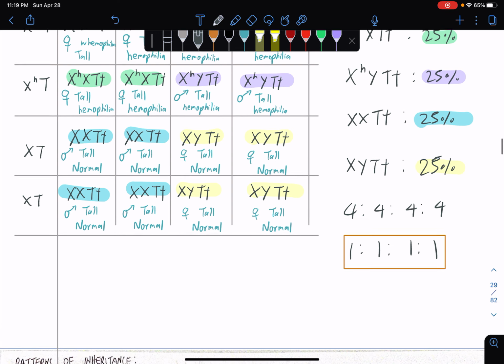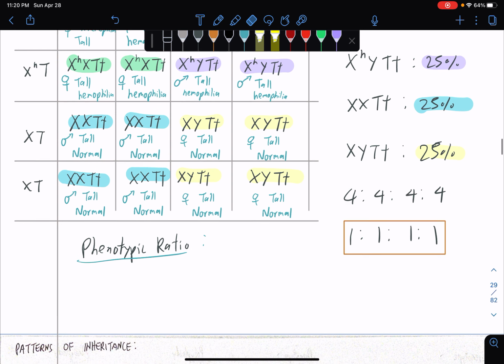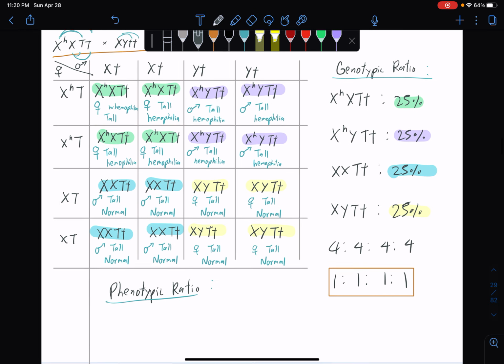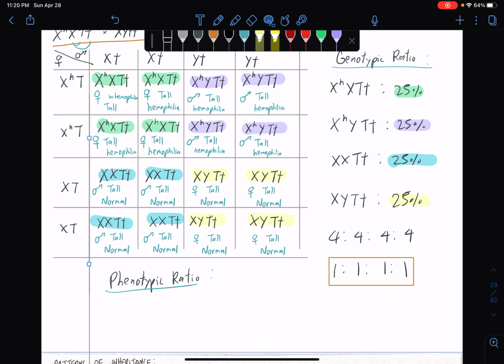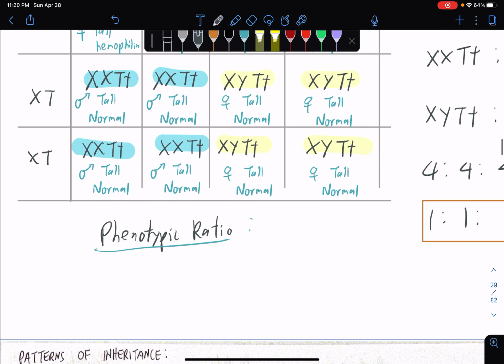What is the phenotypic ratio? First things first, let's list down all of the names of the symbols that we just wrote. If the genotype refers to the symbols, the phenotype refers to the manifestations, or the meanings behind those symbols. Hang on, let me just fix this. Okay.